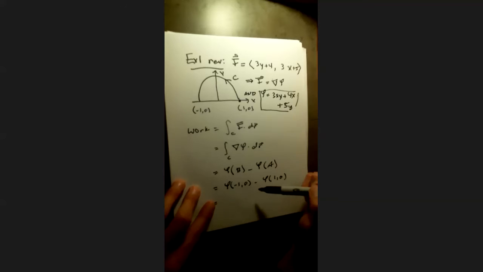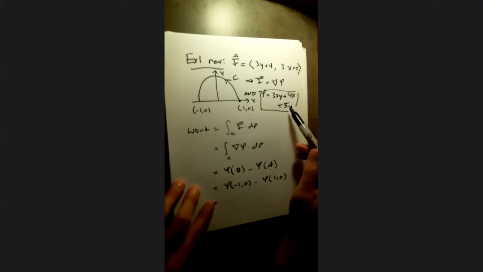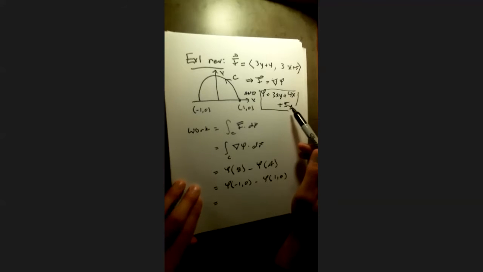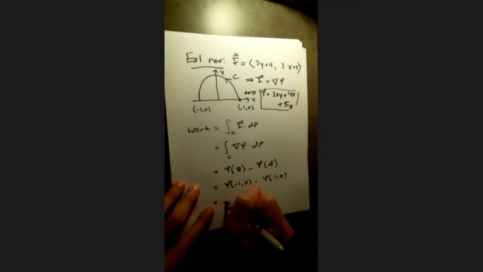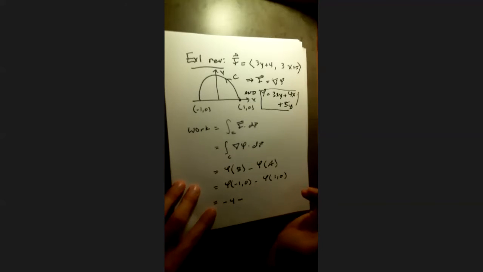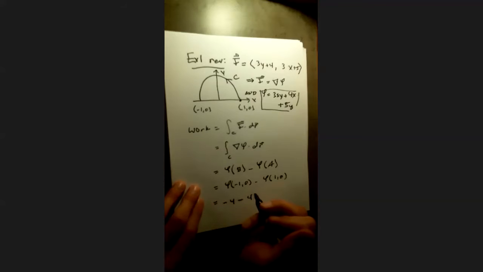And so we have y being 0 in both cases, so those terms are going to be 0. So we'll have -4 minus 4, which is -8.